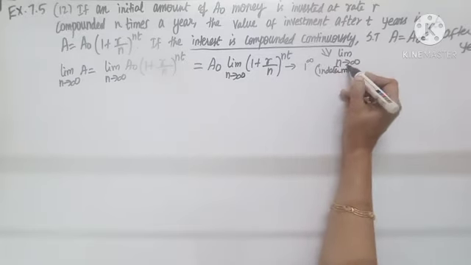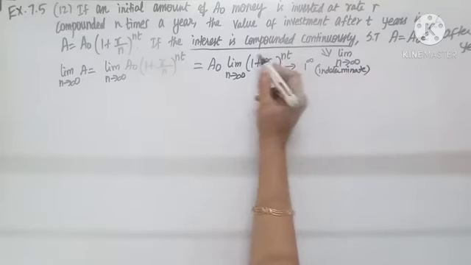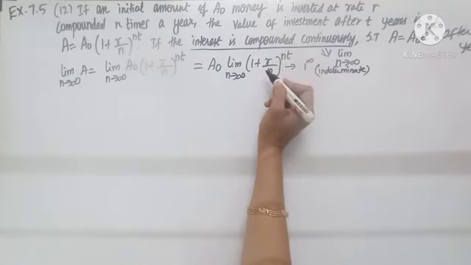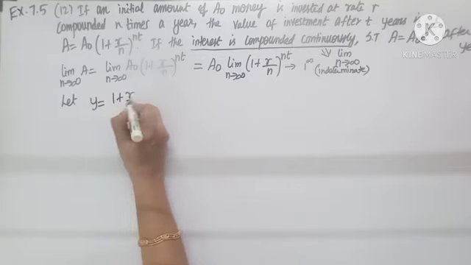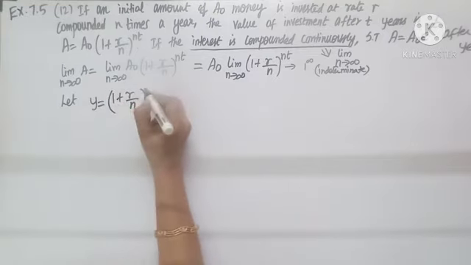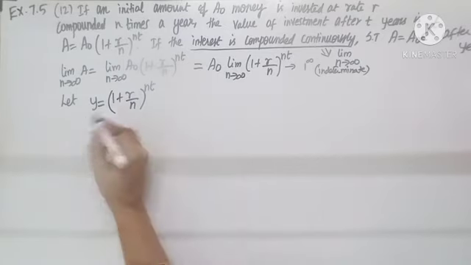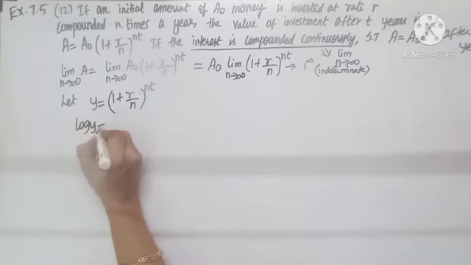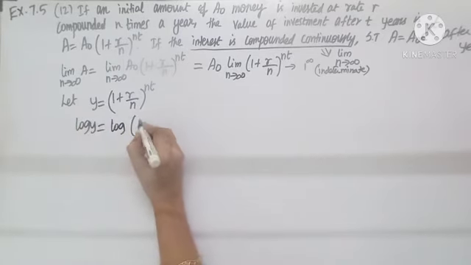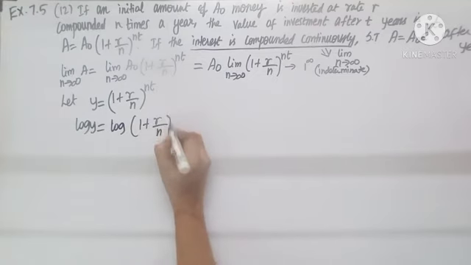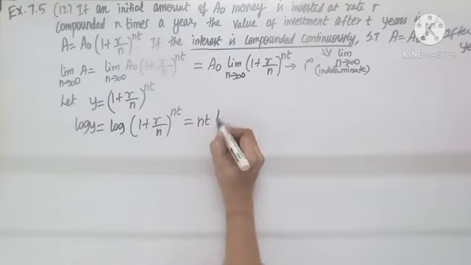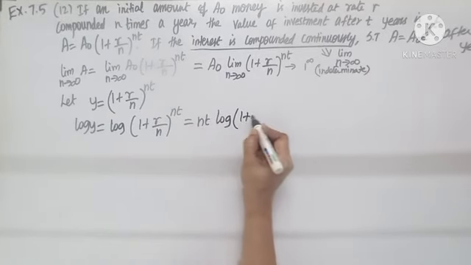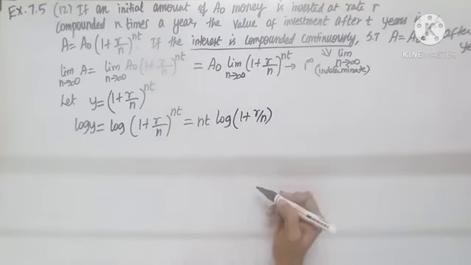So as before, let us assume this problematic thing as y. So let y equal 1 plus r by n whole power nt. Taking logarithm, log y equals log of 1 plus r by n whole power nt. Power comes near: nt log 1 plus r by n.